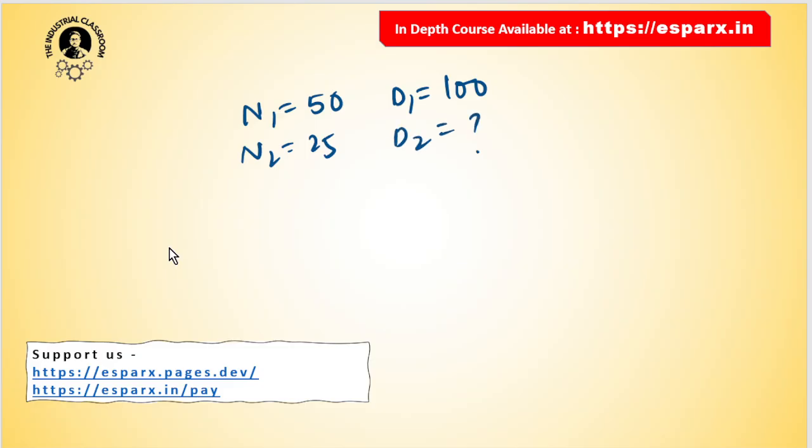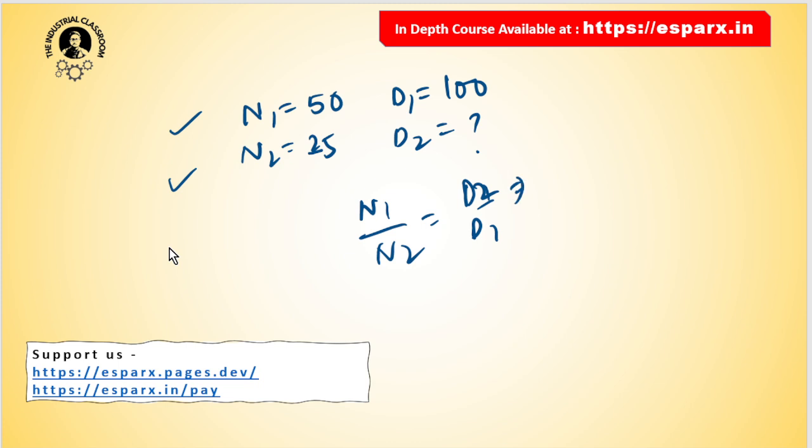For example, let N1 be equal to 50, D1 equal to 100, N2 equal to 25, then find out D2. Okay, from this example we will see N1 has a higher speed, N2 has a lower speed. So we know the formula N1 by N2 is equal to D2 by D1.